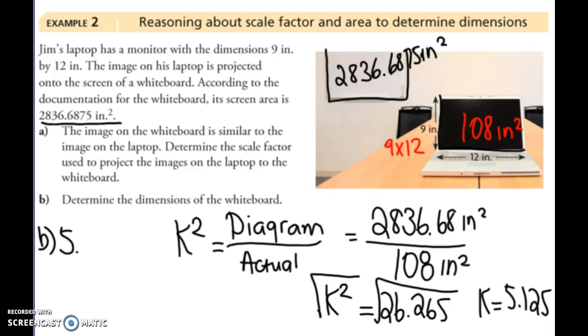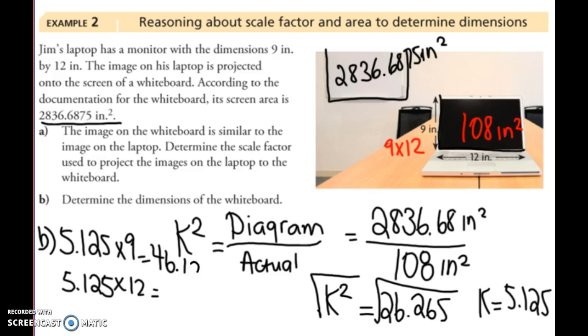So if we take 5.125, which is the scale factor, and multiply it by 9, and multiply it by 12, we get the whiteboard to be 46.125 inches and 61.5 inches.